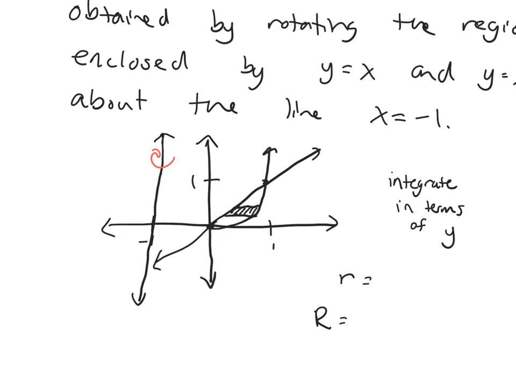The little r is the one that's closest to my rotation line. The one that's closest looks like the line is closer than the parabola. Okay, so I want to find little r. That's this distance here. This is little r.